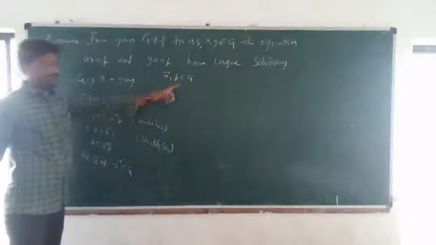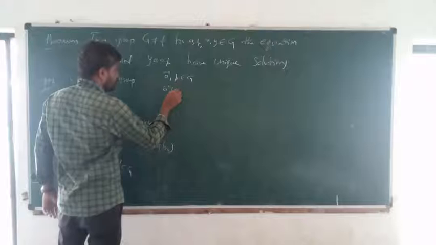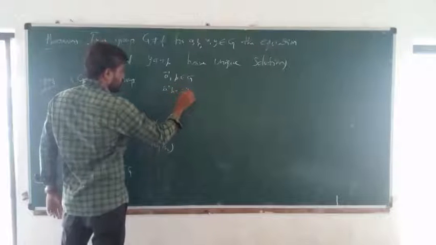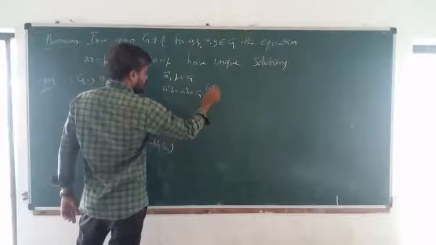So a inverse, b belong to G. You can apply the closure property: a inverse dot b, nothing but a inverse b, belongs to G. Closure law.